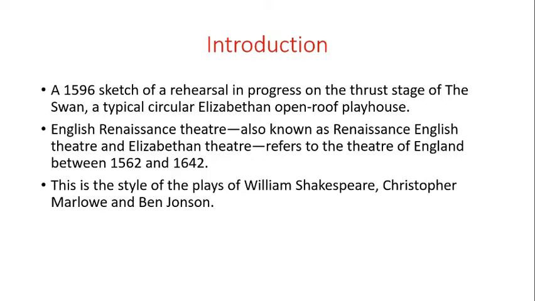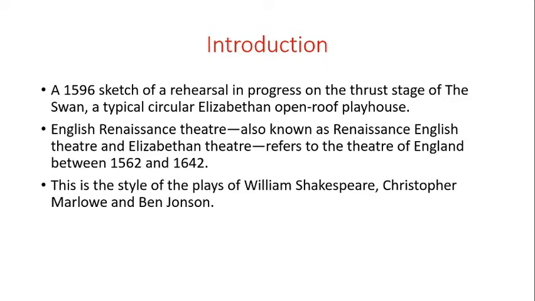First I am going to give the introduction. This is a 1596 sketch of a rehearsal in progress on the thrust stage of the Swan. It was a typical circular Elizabethan open roof playhouse. It means that when there were no exact buildings for the theatre, open roof playhouses were built.